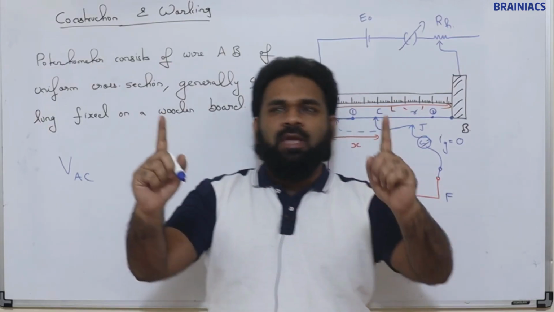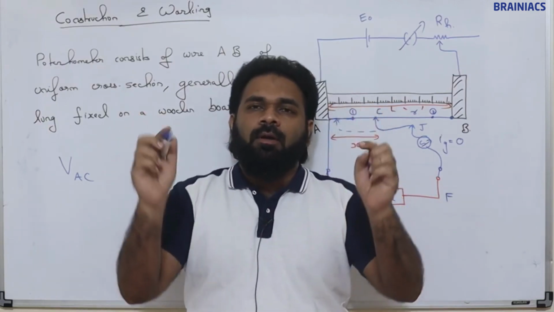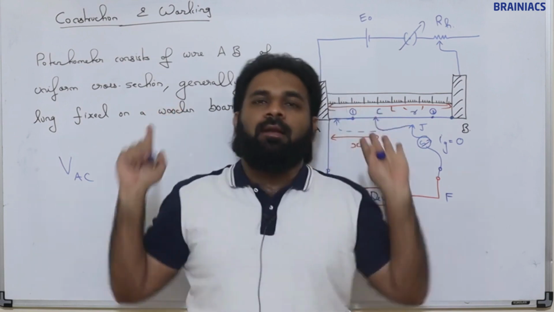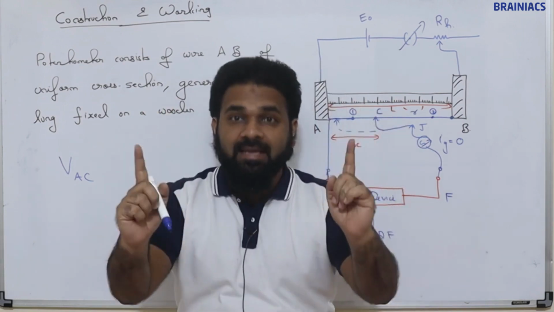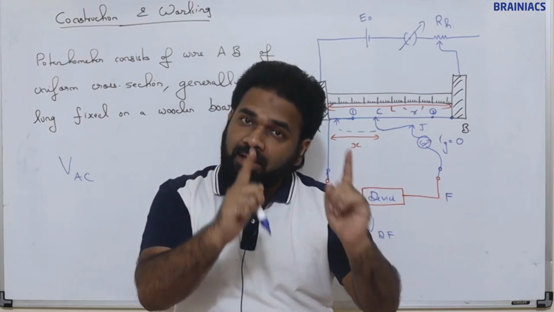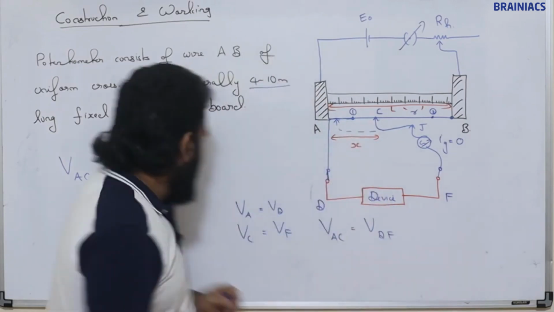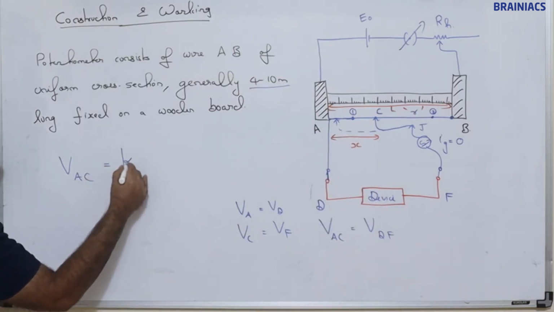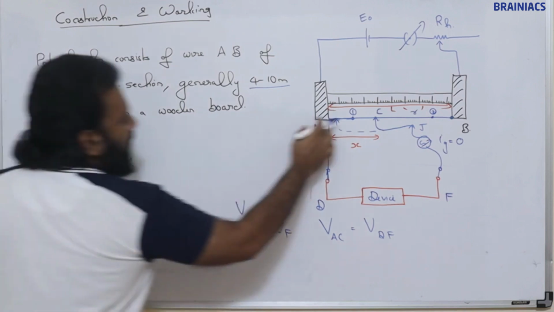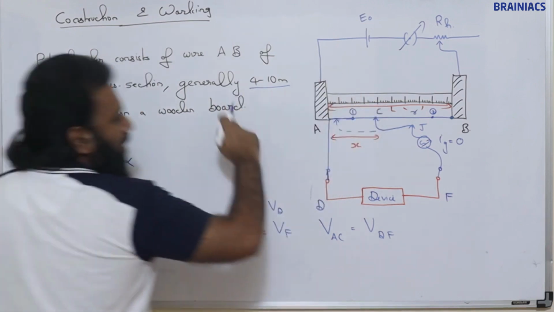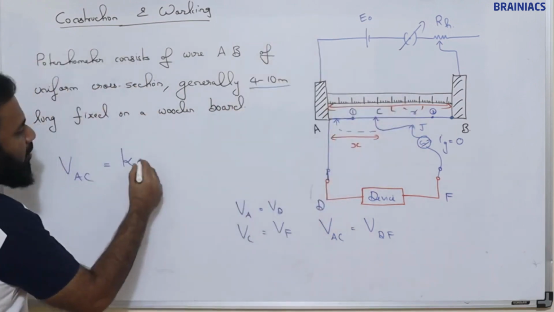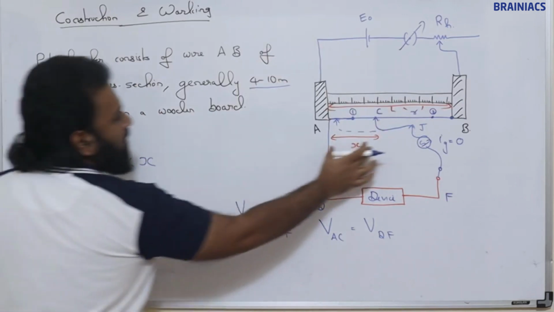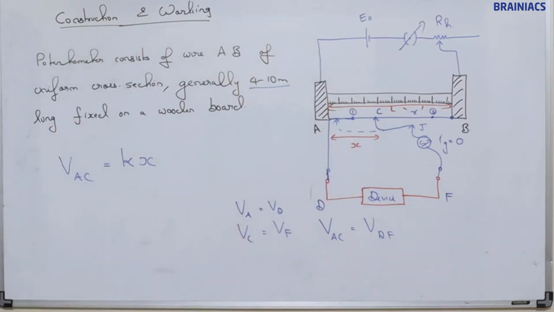So voltage across any length is nothing but the potential gradient into that length. So voltage across AC is nothing but the potential gradient of this wire under a constant current into that length X. Okay, so this is the potential across AC.